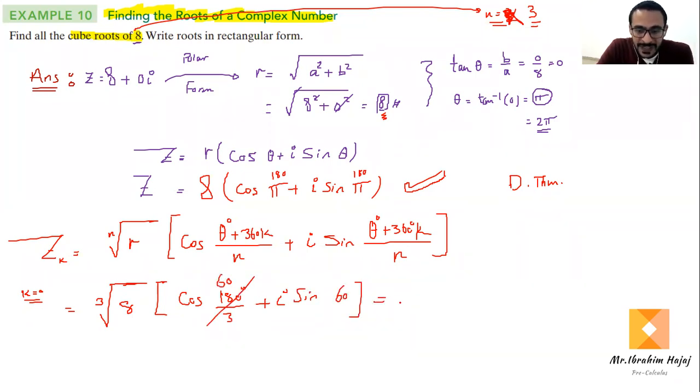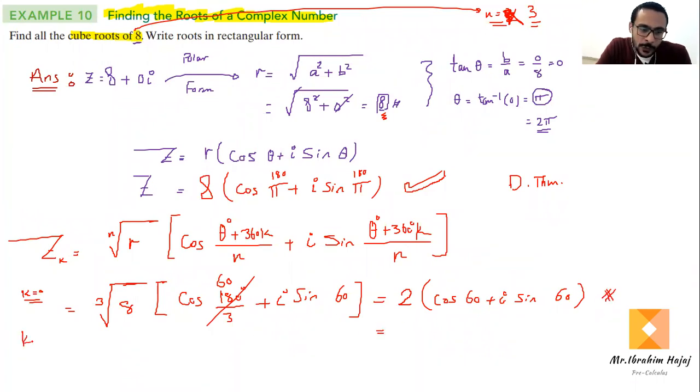So my final answer is the cubic root of 8, which is 2, times cosine 60 plus i sine 60. Just write it like this, leave it like this.